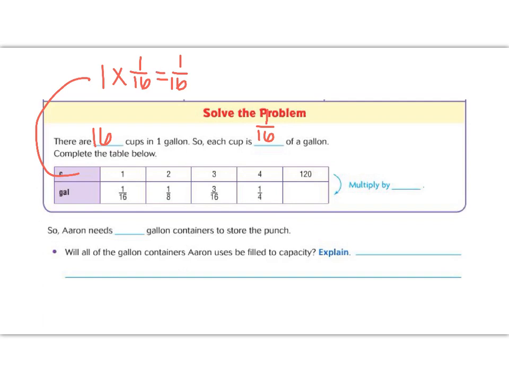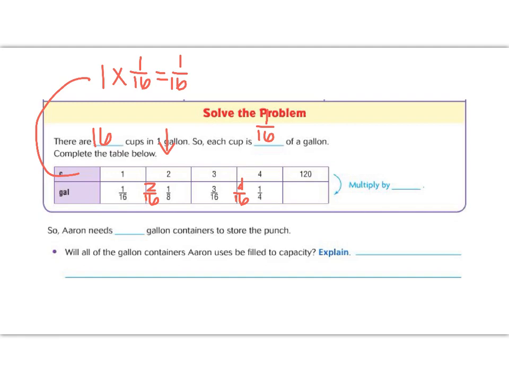We could also say that 2 cups is 2 times 1/16, which would give us 2/16. 3 times 1/16 would give us 3/16. 4 times 1/16 would give us 4/16. But those aren't in simplest form, so that's why we have these 1/8 and 1/4.